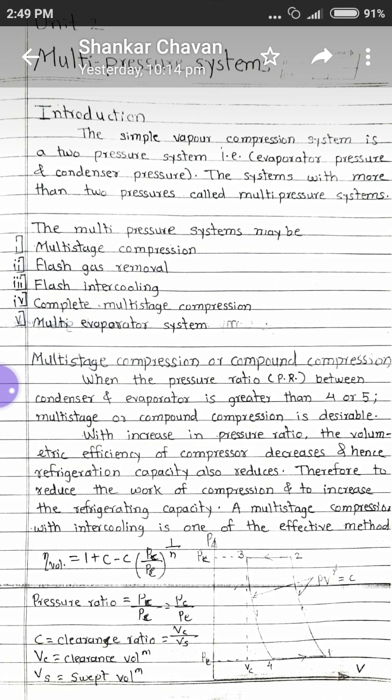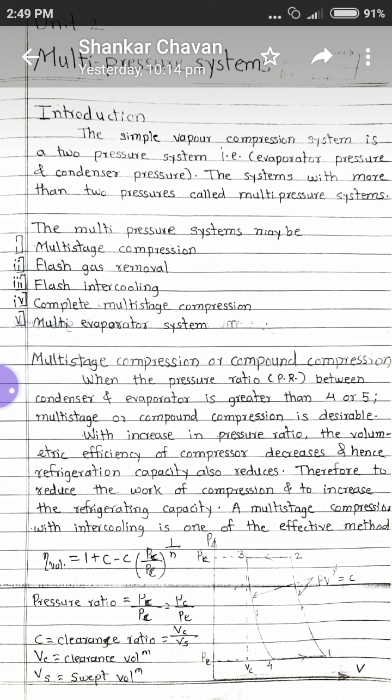With single stage compression, if we increase the pressure, then the volumetric efficiency of the compressor decreases and the work required for compression is more. So to reduce this compressor work and to increase the handling capacity of the compressor, that is its volumetric efficiency, instead of single stage compression, we always prefer multi-stage compression.